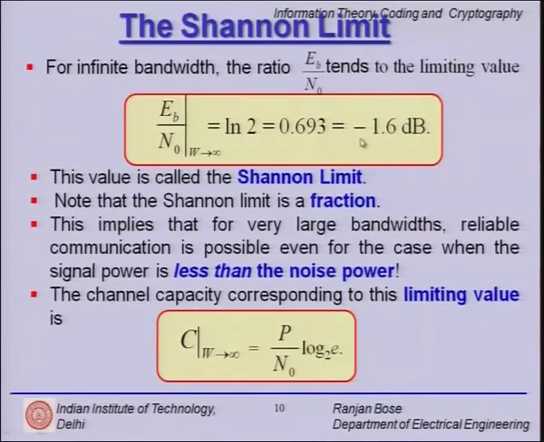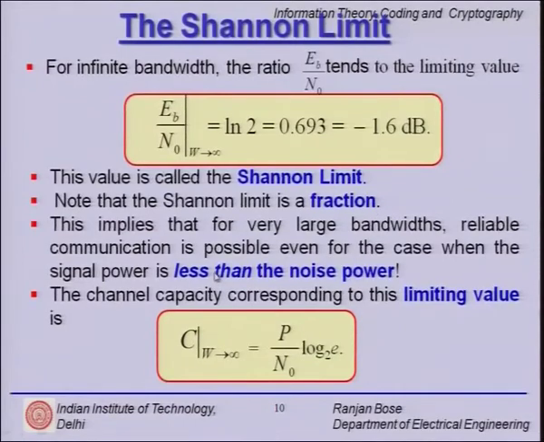And what is strange is that the signal power can be actually less than noise power and still you can have reliable communication. So, this counterintuitive result, this boundary is the Shannon limit, which is a fraction.